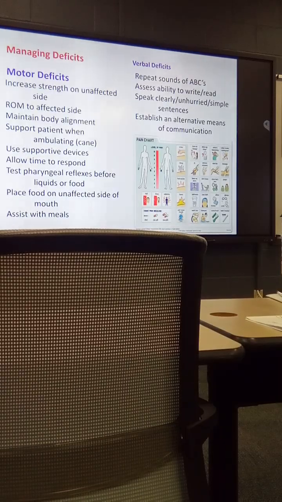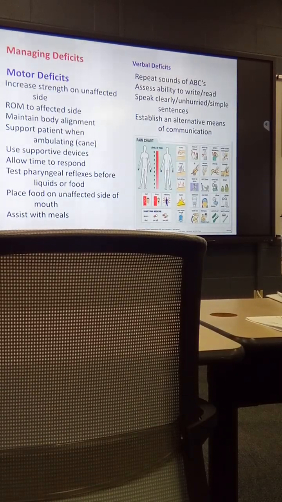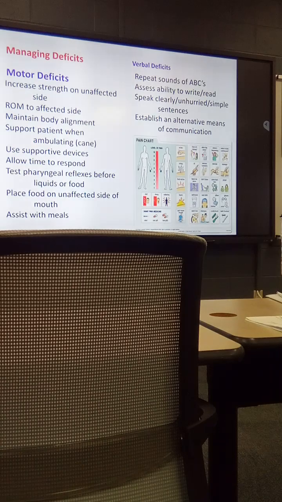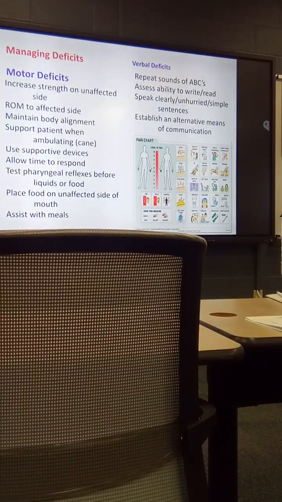Motor deficits: usually do range of motion and body alignment. One thing I always see in rehab is that if someone has a right-sided stroke but left-sided deficits, they're sitting in the wheelchair leaning over, and they're not aware they're sitting like that. So we need to sit them up straight. Usually we put their arm in a sling, because we have to protect the shoulder.